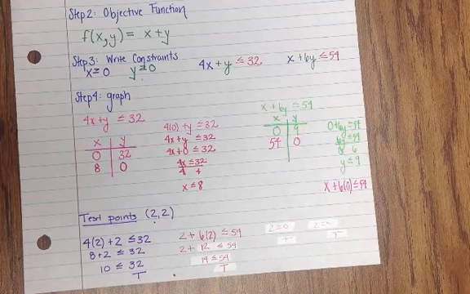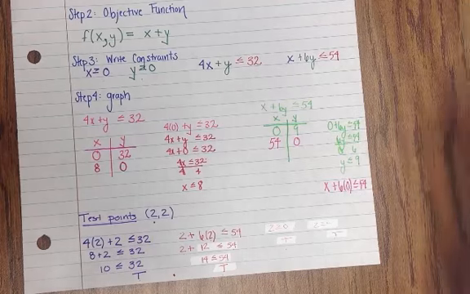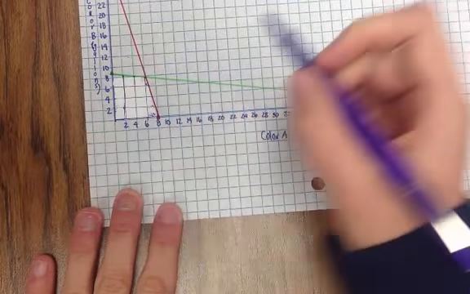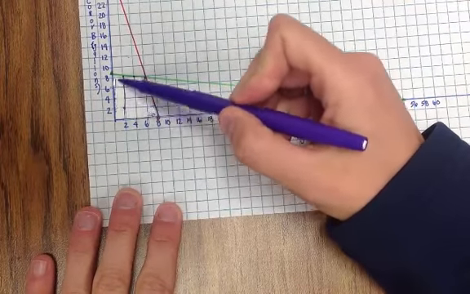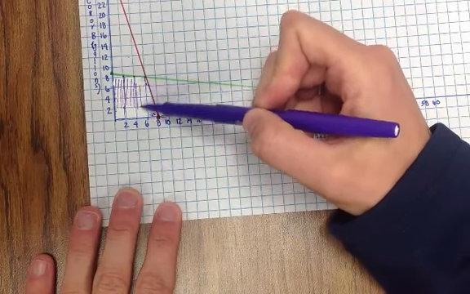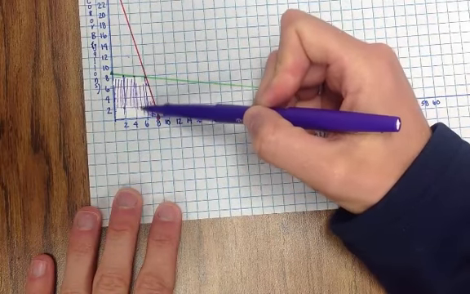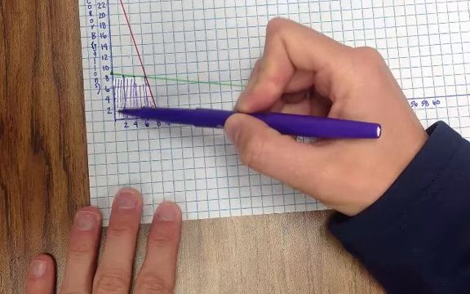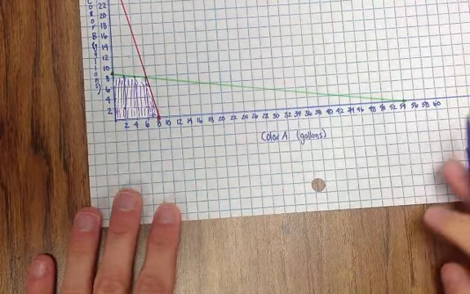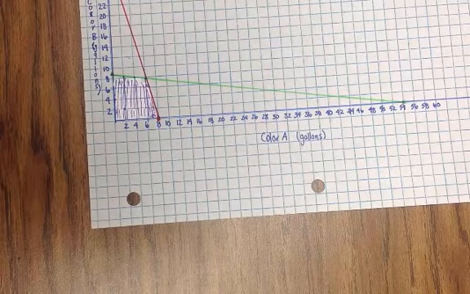So with our 4 true statements, we're going to come back to our graph, and we're going to shade where 2, 2 is. So I'm shading below my green graph, and I'm shading to the right of my red, I'm shading above my x-axis, and to the right of my y-axis. So I've created my feasible region.